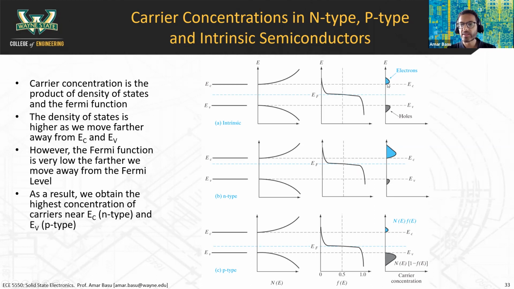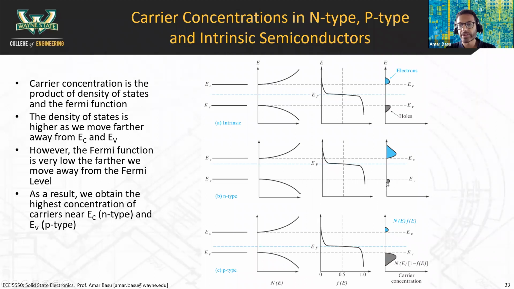In the intrinsic semiconductor, you can see that the electron concentration and hole concentration basically are the same. They're created in pairs. And so this area here and this area here are going to be equal to each other. In the case of an N-type semiconductor, these areas are no longer equal. You have a smaller hole concentration, larger electron concentration.